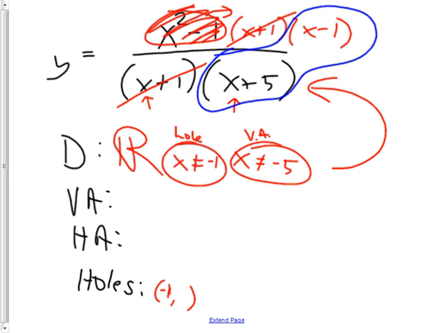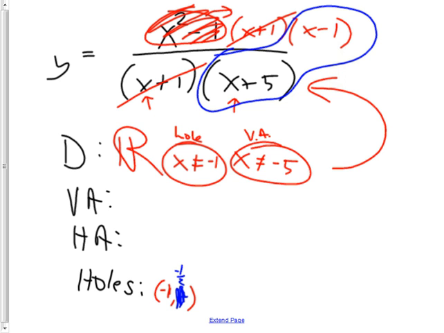And then I put the -1 in there, and I have -1 minus 1, which makes -2, over -1 plus 5, which makes 4, which would make -1/2. So did anybody have -1 comma -1/2? Sweet. A lot of people did. Nice job. How did I do that?